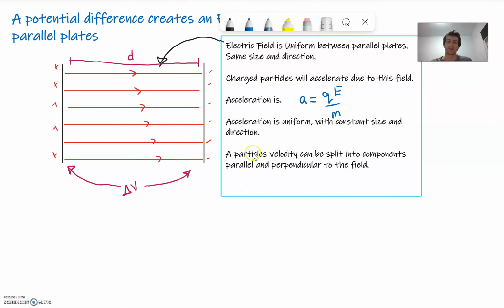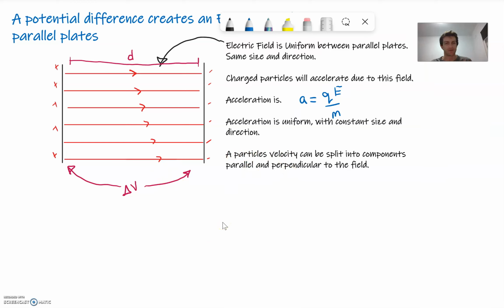Note that a particle's velocity when it enters this field can be broken up into a perpendicular component and a parallel component. I'll illustrate. Here is our particle with a velocity within the field. We can break this up into two components. We've got a component of the velocity that is perpendicular to the field. Okay, here we go. So there's our velocity there.